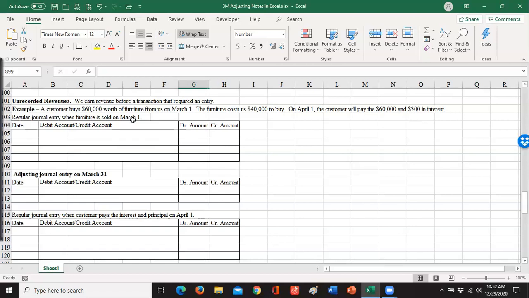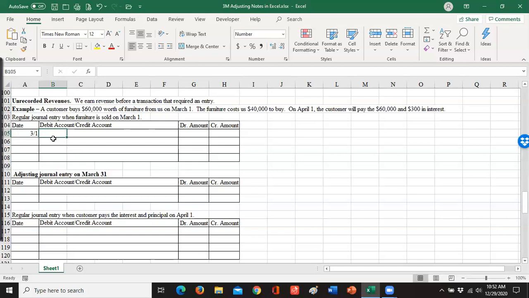Somebody got a really big commission on that one. The furniture costs Bob's Discount Furniture $40,000 to buy. On April 1st, the customer will pay $60,000 and $300 in interest.